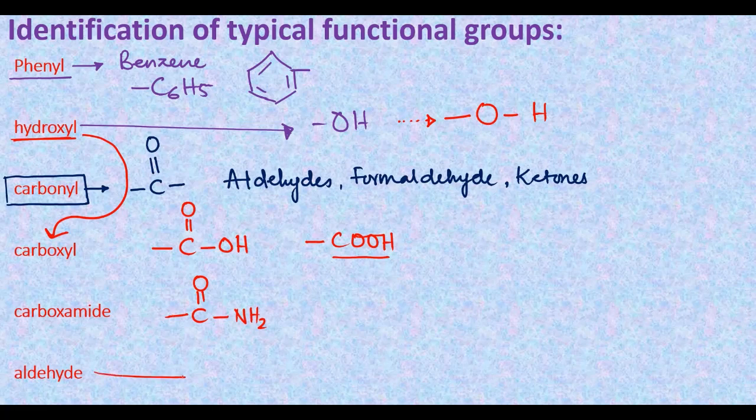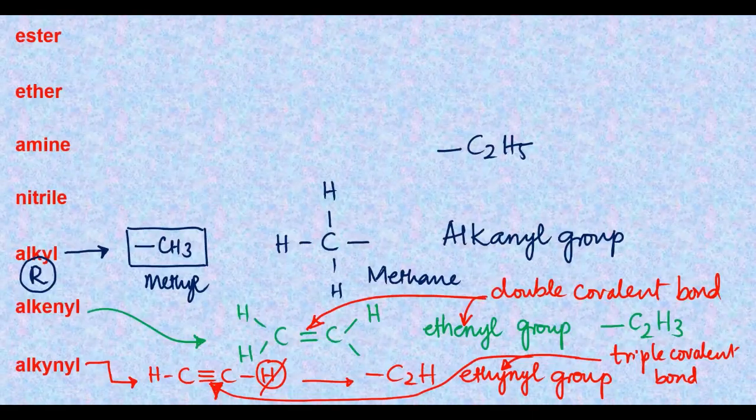About the aldehyde, it's the same thing as we have talked about with the aldehyde compounds, means a carbonyl group having an R group on one side and the hydrogen on the opposite side. Remember, formaldehyde is different from aldehyde, in which the carbonyl group has hydrogen attached on both sides of the carbon. The next functional group which we're going to talk about is the ester.